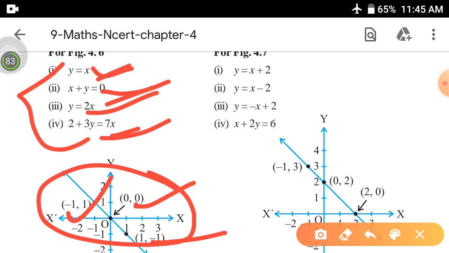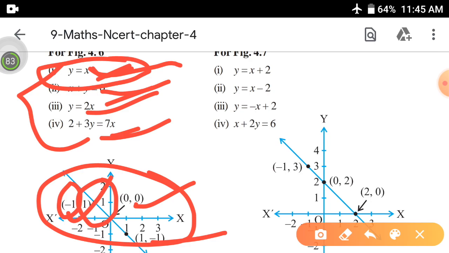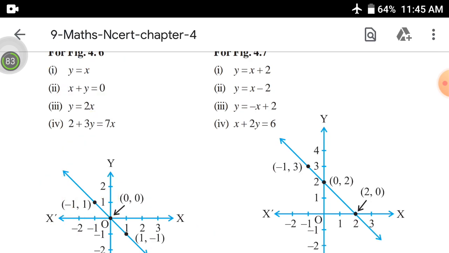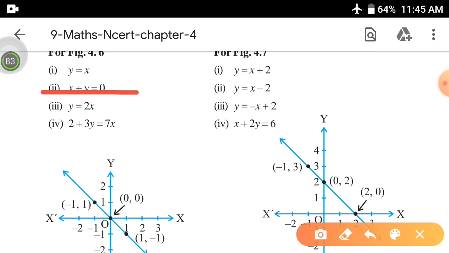So you can see that for the first equation, if you put x equal to 0, you are getting y equal to 0. But if you put x equal to minus 1, you will again get y equal to minus 1. So you can see that the first equation is not satisfying these 3 points. Now we will move to the next line. If you see carefully, this is satisfying all these 3 points.